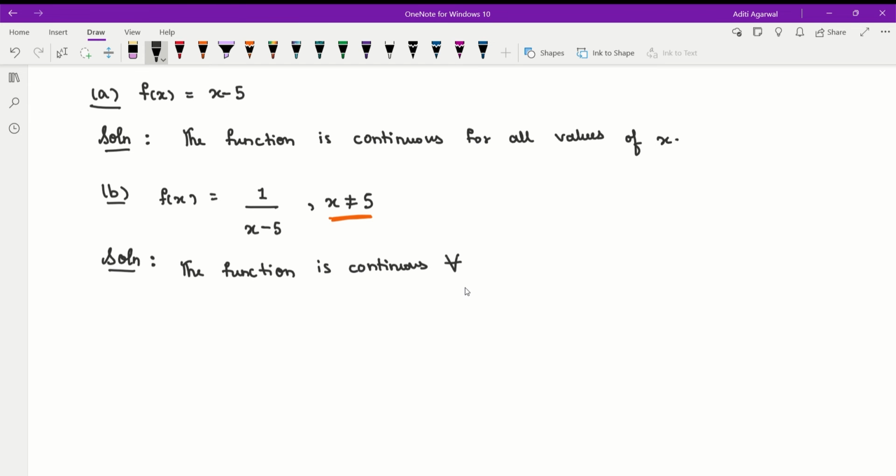This is the symbol for all x. So I'll be using it from now. C part is f of x equals x square minus 25 over x plus 5 where x is not equal to -5.